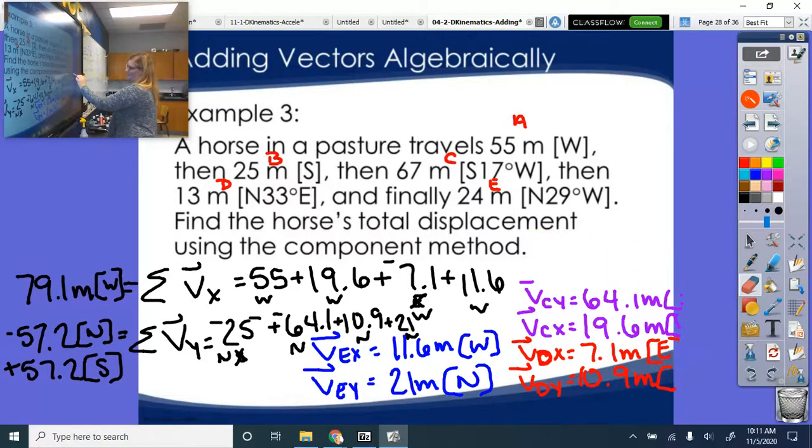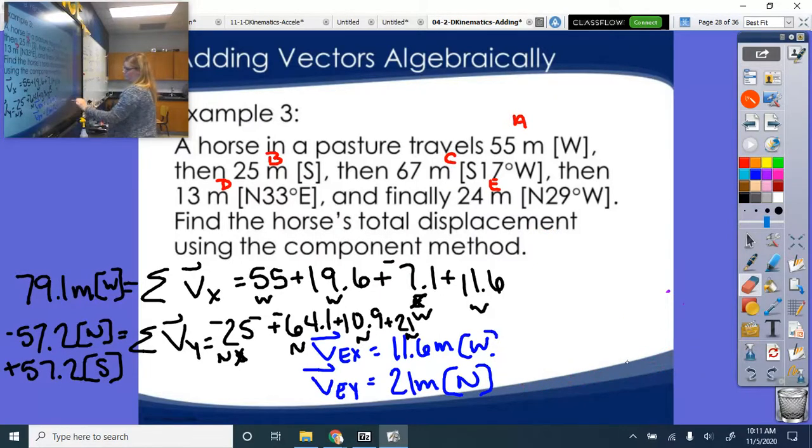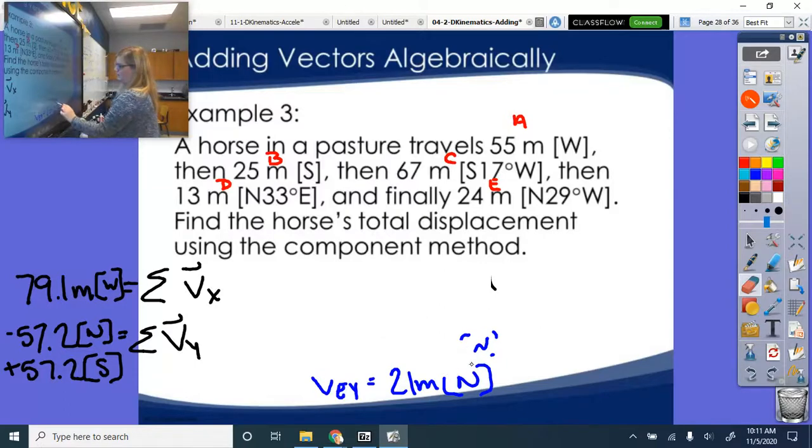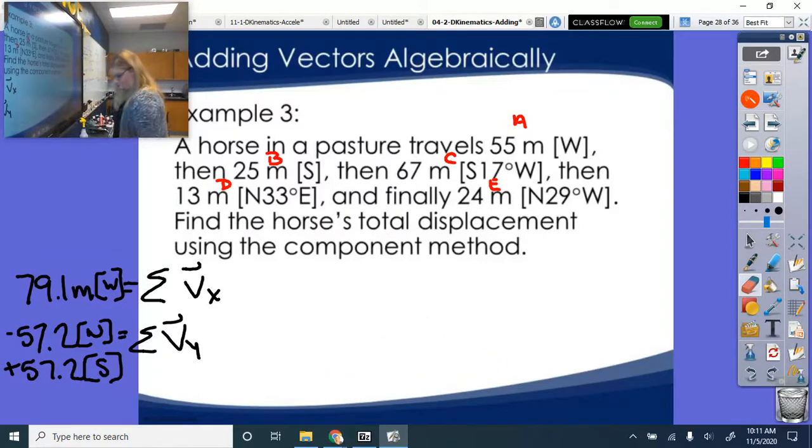So now I'm erasing all of this. Up to that. Okay. And what I can do with these is now create my final triangle. So in the x direction, I went 79.1 meters west.